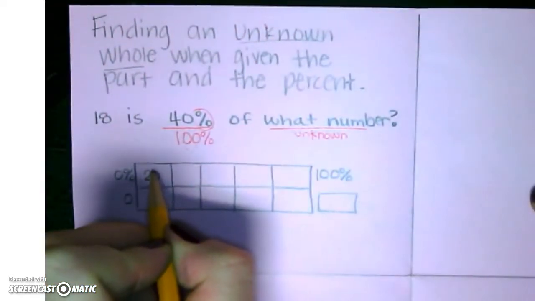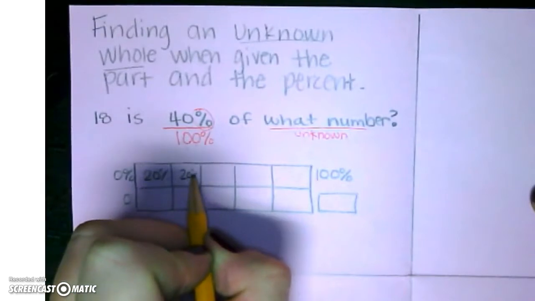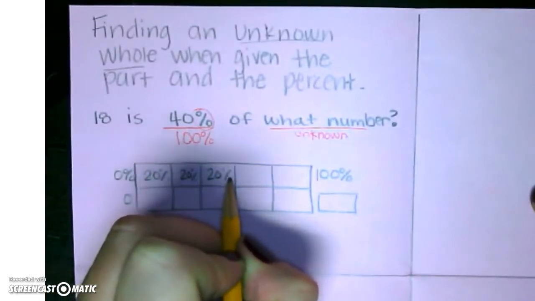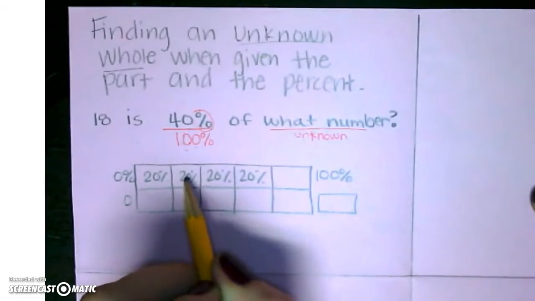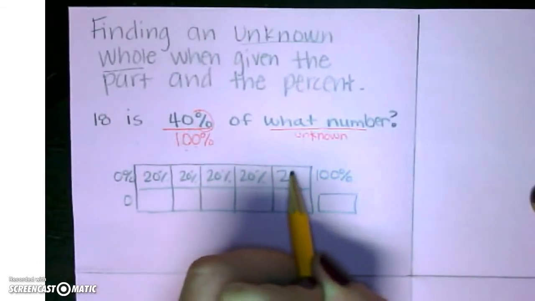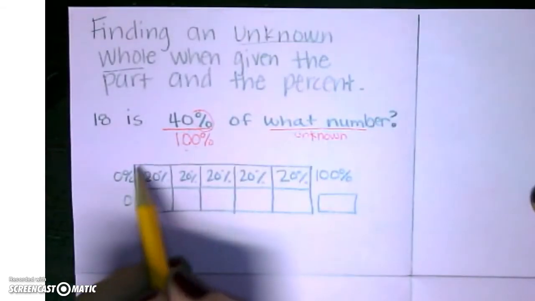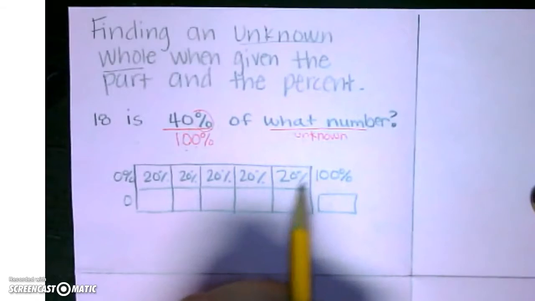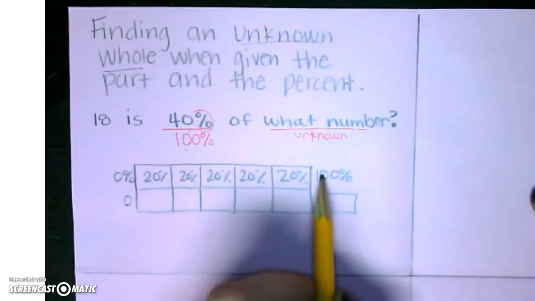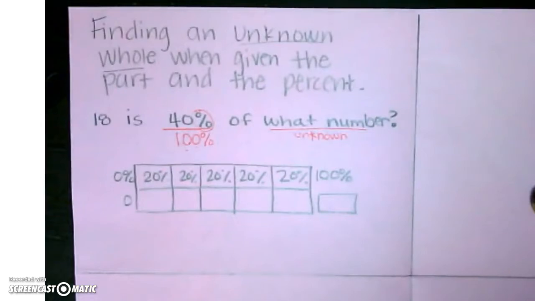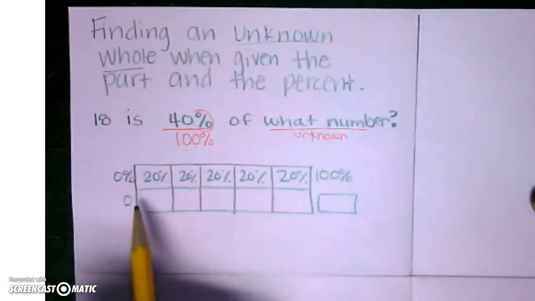Now on my percent portion, each piece represents 20% of the whole. So there's 20, 40, 60, 80, and 100. Whenever you divide up those pieces, the sum of the percents should always be 100. So it's a good spot to double check.